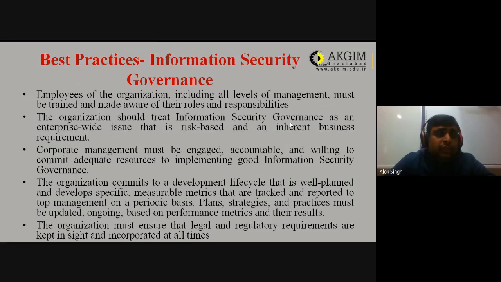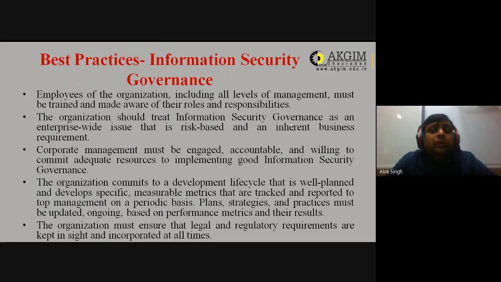Okay, next is employees of the organization, including all levels of management, must be trained and made aware of their role and responsibility. As I have told earlier, you should make all people aware regarding such type of activities and how to deal with them, so that anybody in an earlier phase can deal with such type of activity.